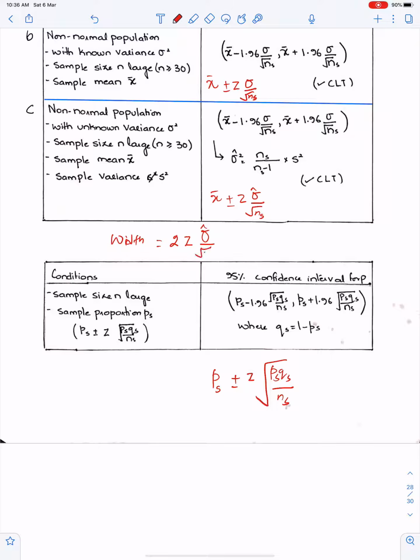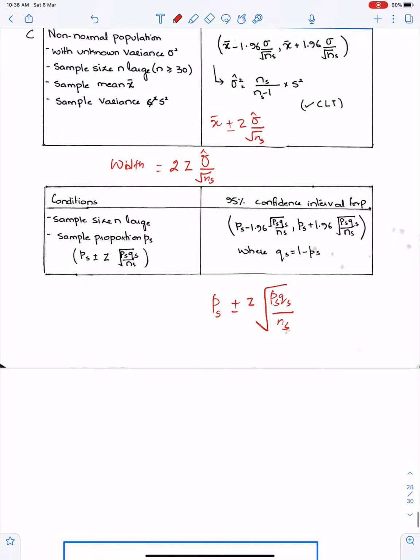I'm writing width for the last case, and for the width of this proportion thing, the formula will be 2z root PS QS over n.